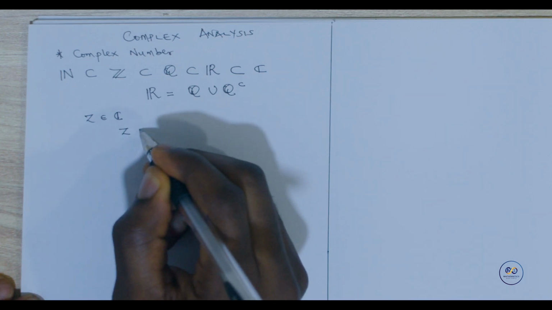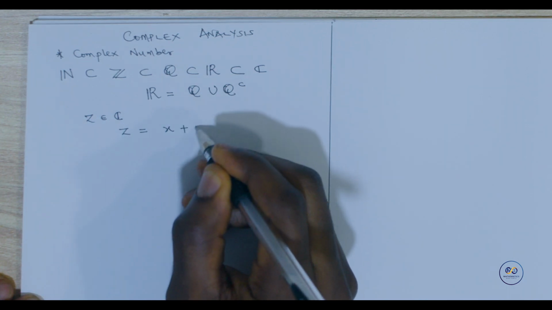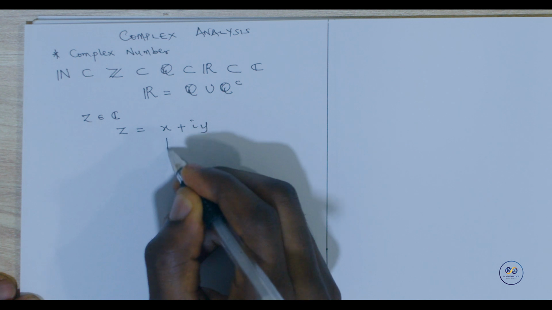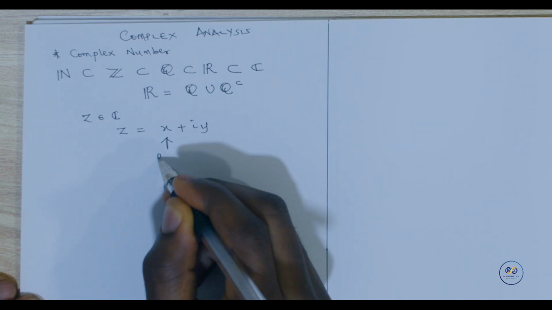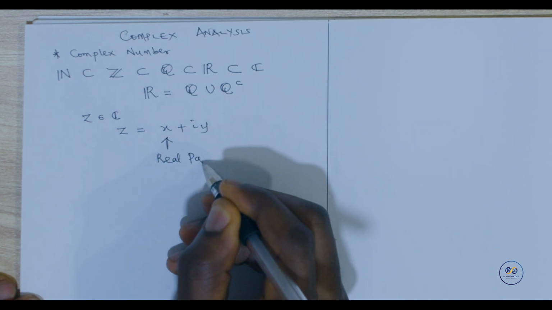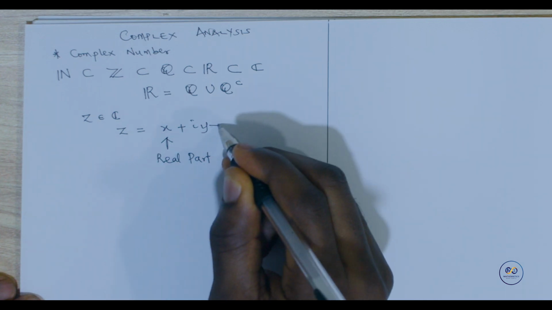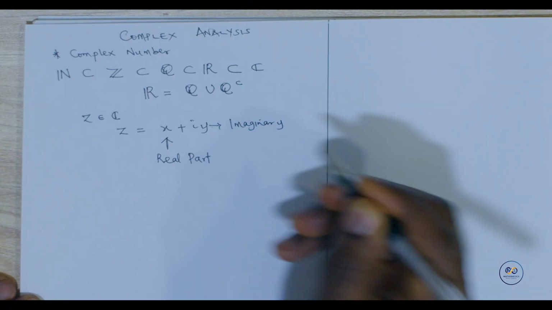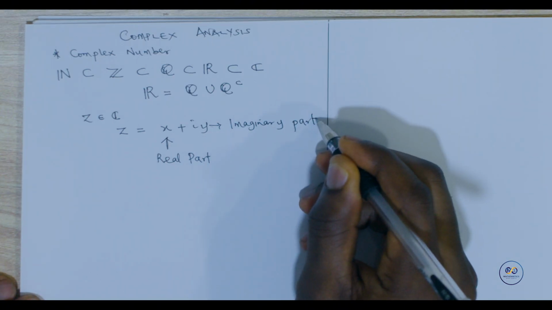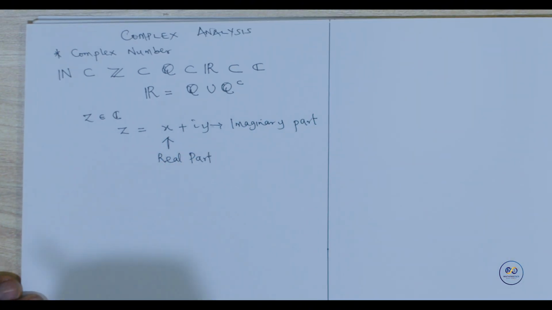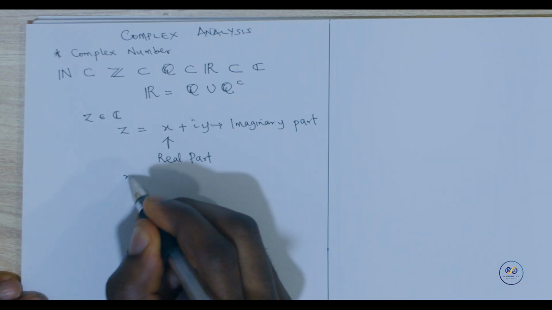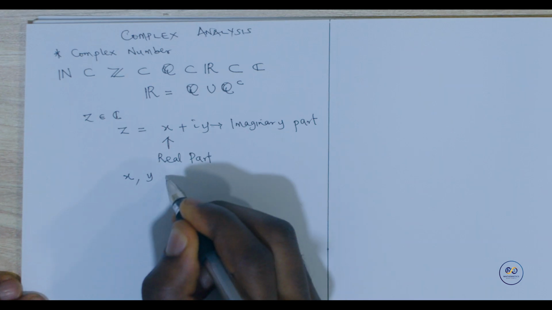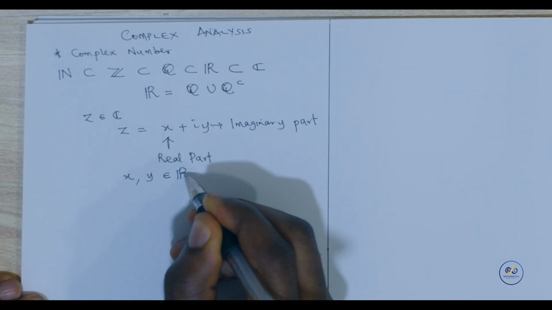It can be written as z = x + iy. We say this x is the real part, and this y is the imaginary part. The combination of these parts gives us the complex number. However, you'll notice that x and y are both real numbers.